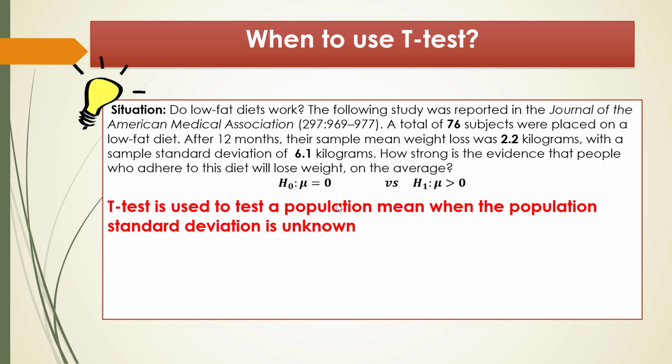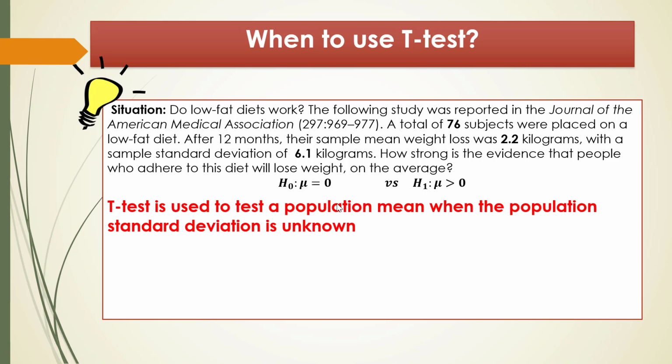Last time when we performed a z-test, we also tested for a population mean. However, for the z-test, the population standard deviation is known. So if the standard deviation is unknown, we just switch from the z-test to the t-test.